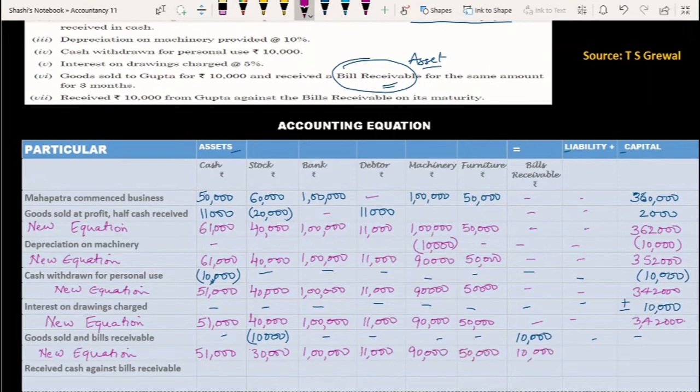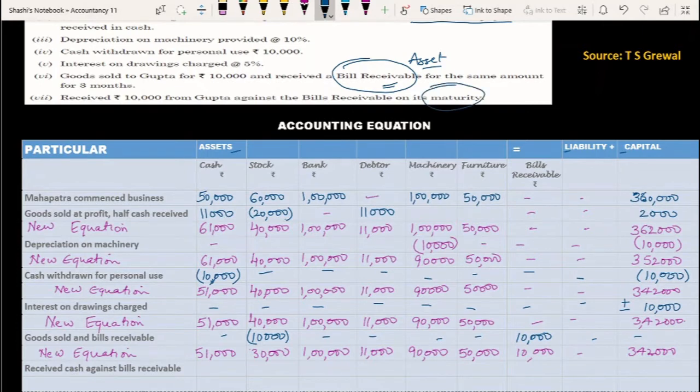So this also will be there now, and this will be same 3 lakh 42,000. Okay, now moving to the next one. Next one says that bills receivable received rupees 10,000 from Gupta against the bills receivable on its maturity.